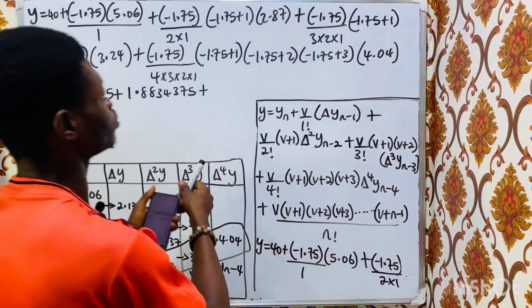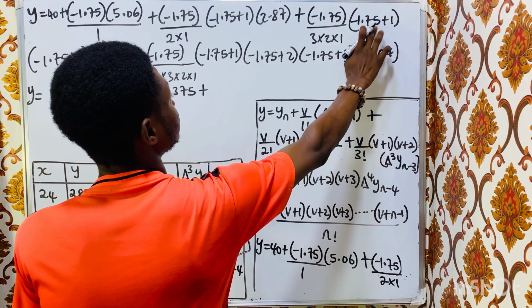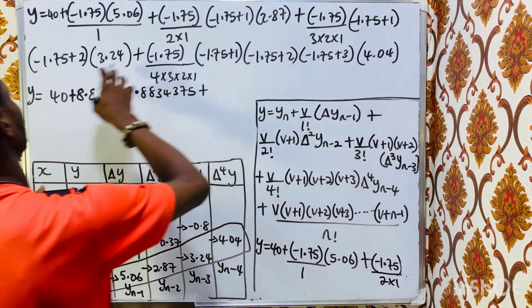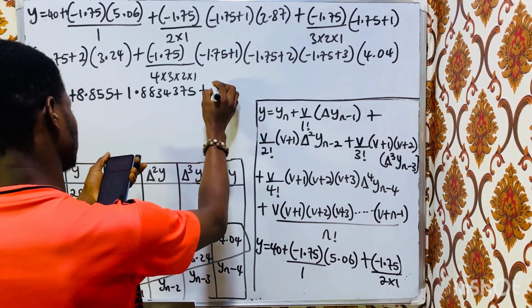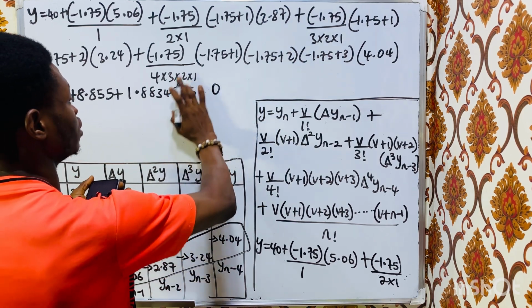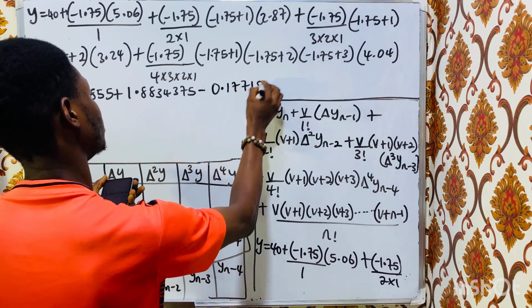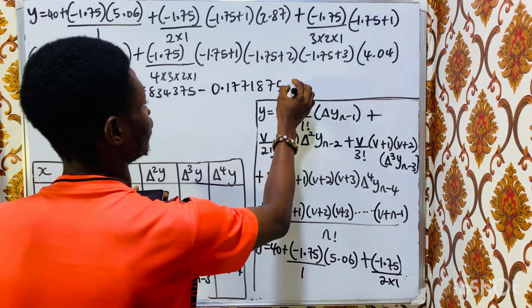So if you do this one well, that same pattern, you are going to do minus 1.75 plus 1. Do it, multiply this, you are going to get minus 0.1771875.